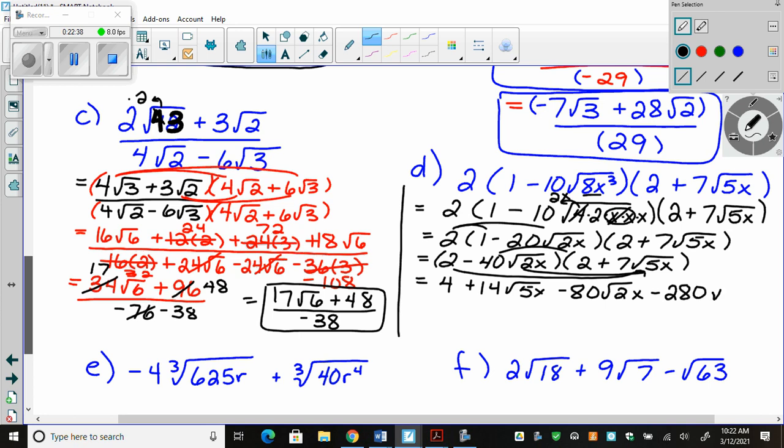Root 10 x squared. Now the x squared can come out as an x. So we're going to get 4 plus 14 root 5x minus 80 root 2x minus 280x root 10. That's as good as it gets. Nothing matches.